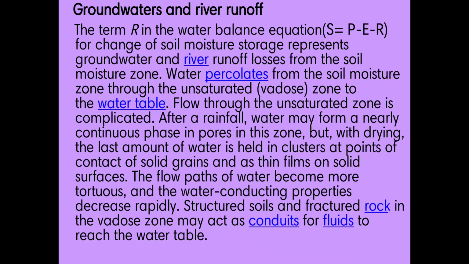Flow through the unsaturated zone is complicated. After a rainfall, water may form a nearly continuous phase in pores in this zone, but with drying, the last amount of water is held in clusters at points of contact of solid grains and as thin films on solid surfaces.